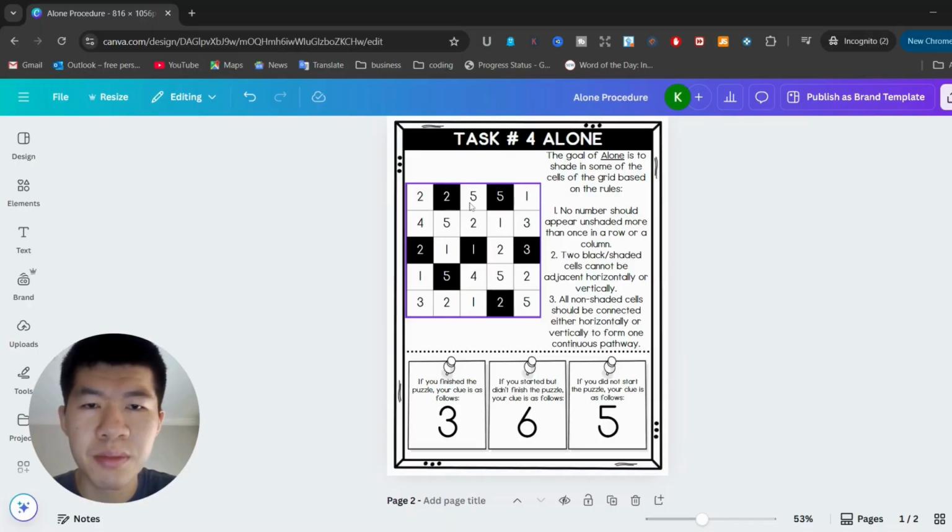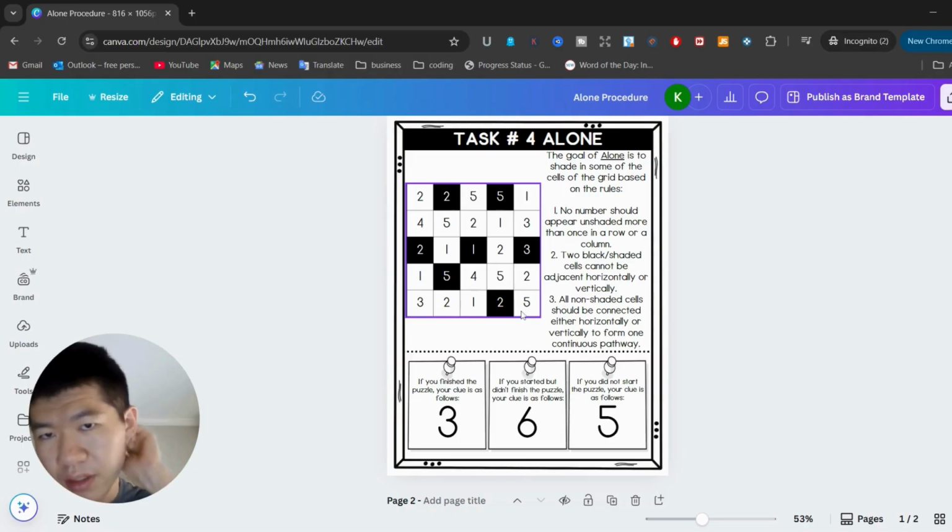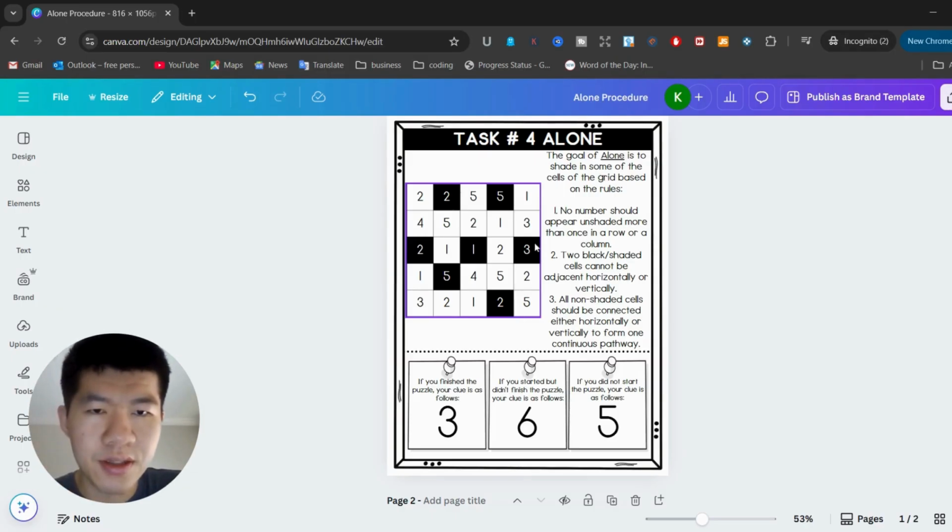No number should appear unshaded more than once in a row or column. That's true here, true here, true here, true here, and true here, and true in each of the remaining rows and columns. No shaded cells can be adjacent horizontally or vertically.